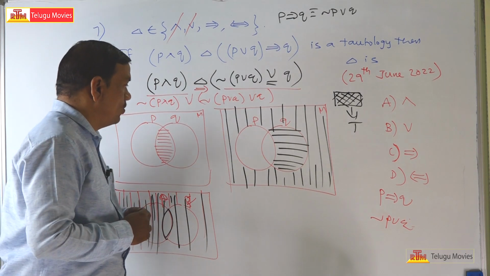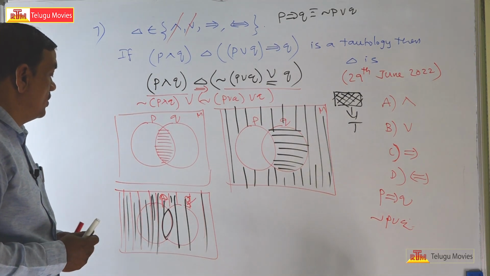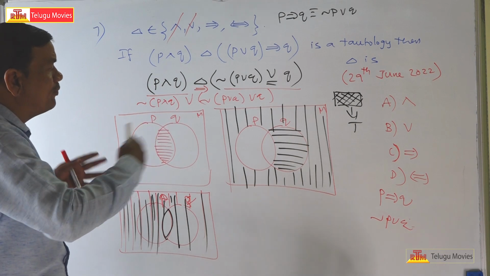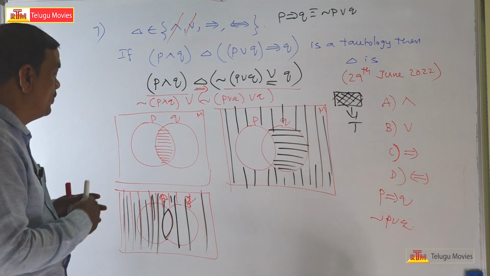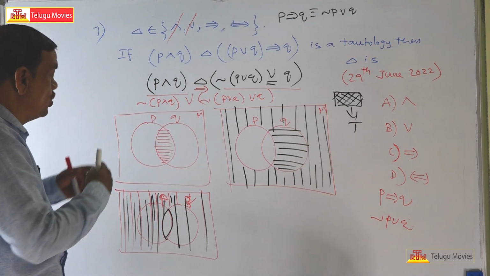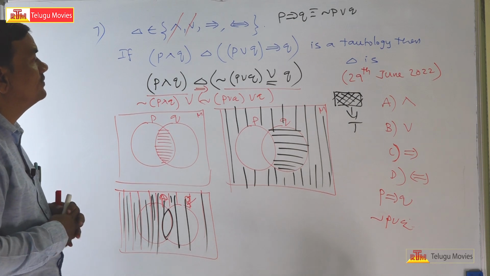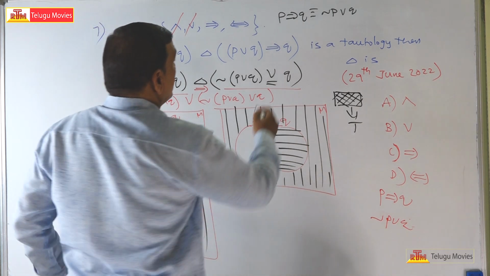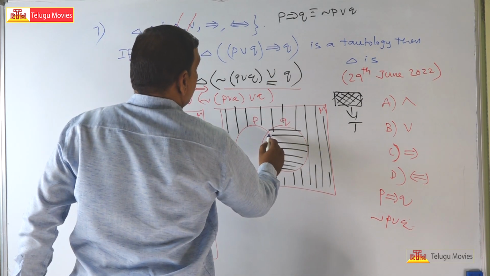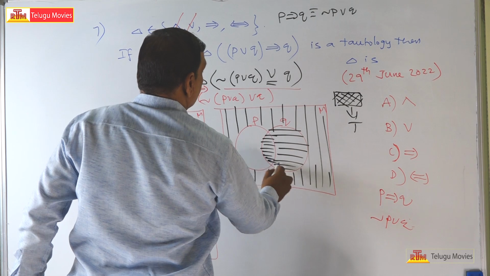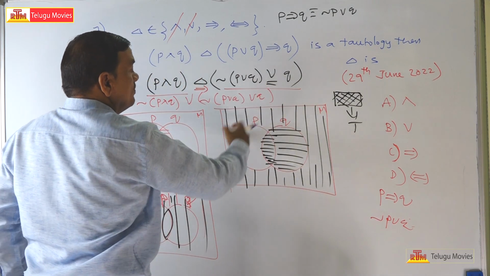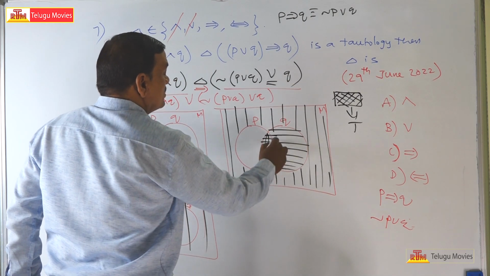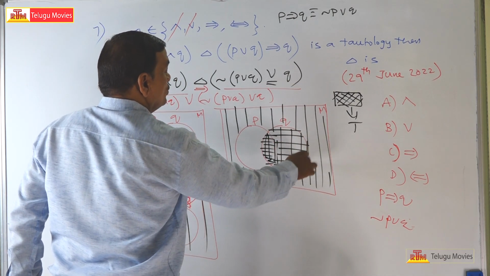Now if you superimpose these two parts, Q is also there. Negation of P or Q means outside of P or Q, and Q means this part, union.